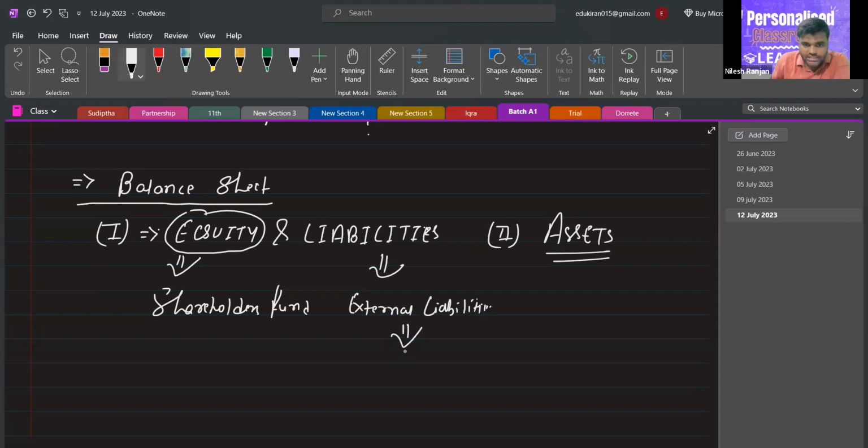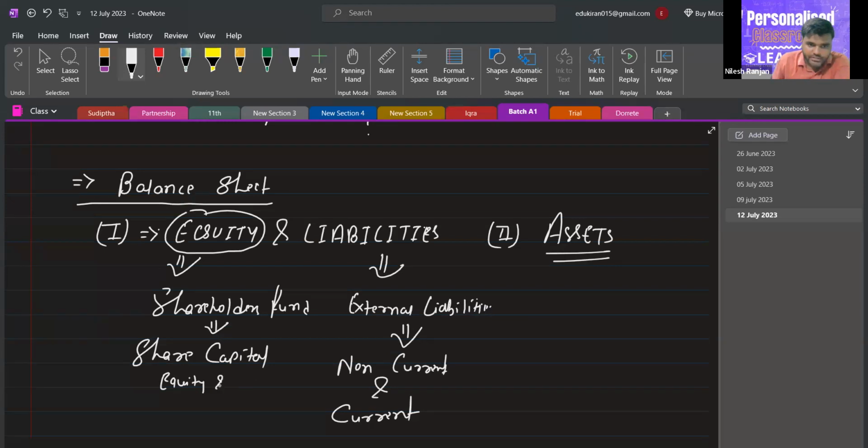External liabilities are also classified in two parts, non-current and current. And shareholders' funds include share capital, either equity or preference, and then reserves and surplus. Do you have any knowledge of these words, or you don't know them?